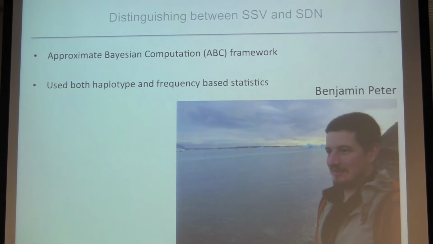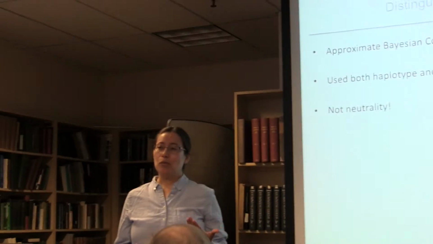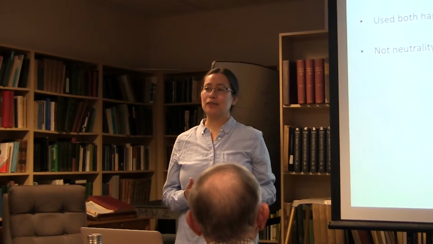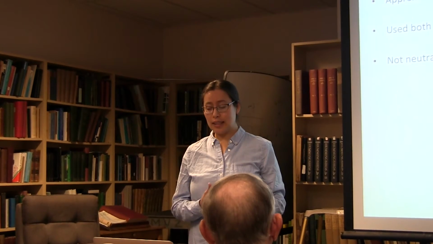This method worked well, but when we applied it to this gene, we couldn't really say with confidence whether it was one or the other. We could definitely say that it was not neutral. Neutrality wasn't playing a role here, and selection on standing variation had a higher probability, but there was still a lot of uncertainty.